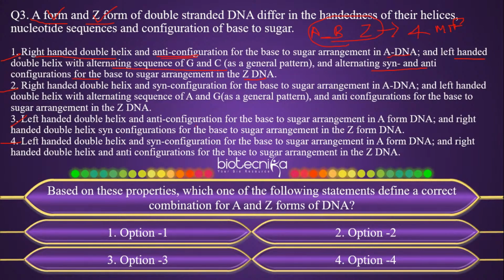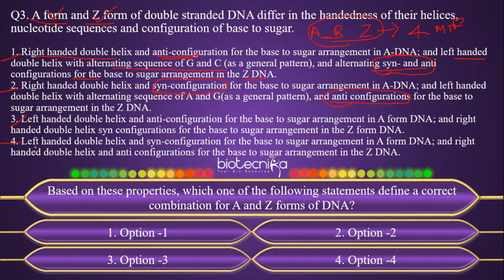Right? 1 and 2 are quite similar, with a change in the configuration. Here it is anti, here it is syn configuration. Here it is anti-configuration, here it is a combination of syn and anti.